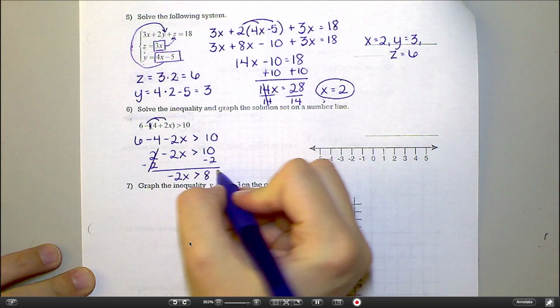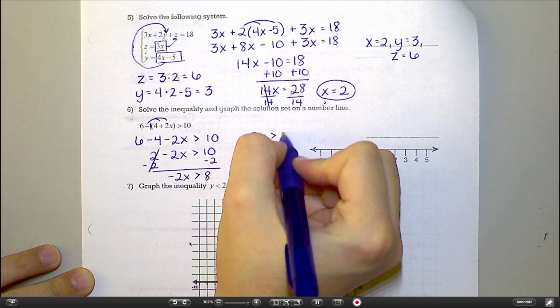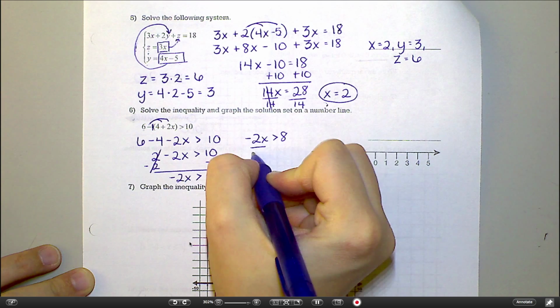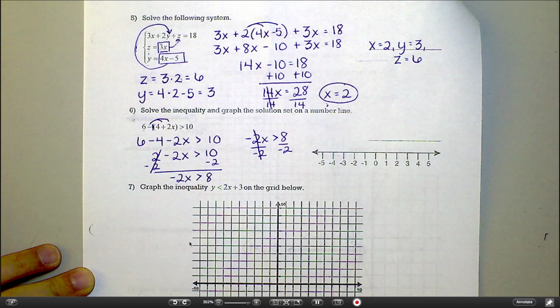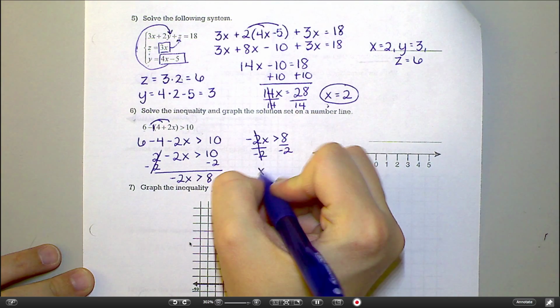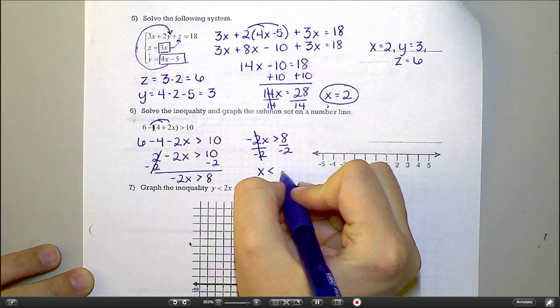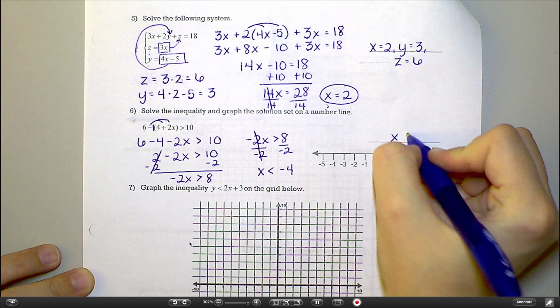Now, I'm going to rewrite that up here because this next step is really important. My next step would be to divide by negative 2, except remember that this is an inequality, and I just divided by a negative number. So when I do that, my inequality has to flip directions and point the other way, and I'm going to get x is less than negative 4. So that's my solution.